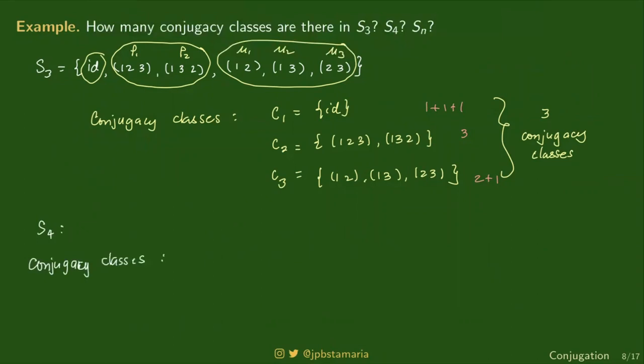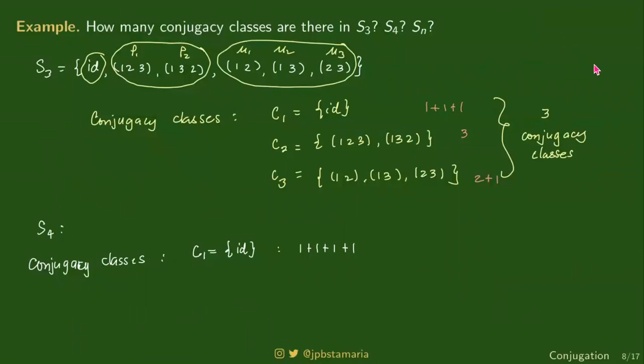So, syempre, ang una sa lahat, huwag niyong kakalimutan yung identity ay mag-isa. Ito yung type 1 plus 1 plus 1 plus 1. This time, meron ka ng 4 na elements. Okay? Kaya 1 plus 1 plus 1 plus 1. Each one is being fixed by this permutation. At wala nang ibang nakakagawa nun maliban sa identity.